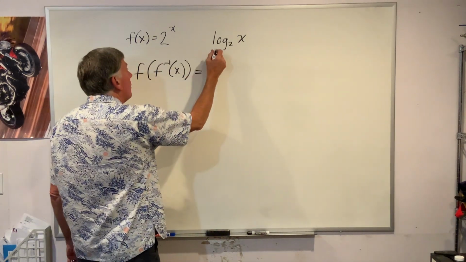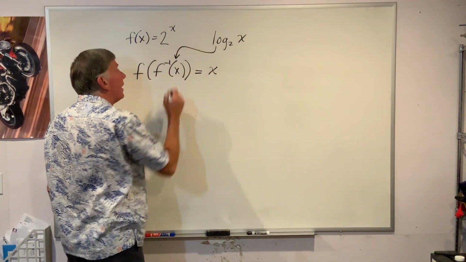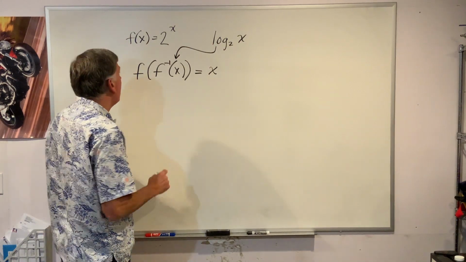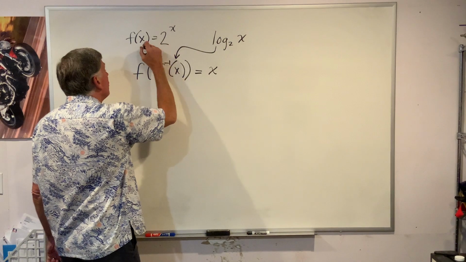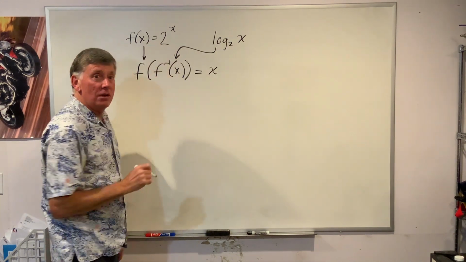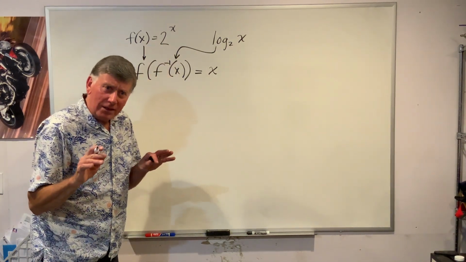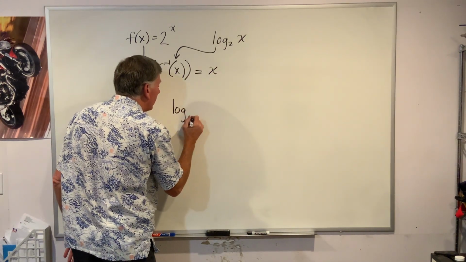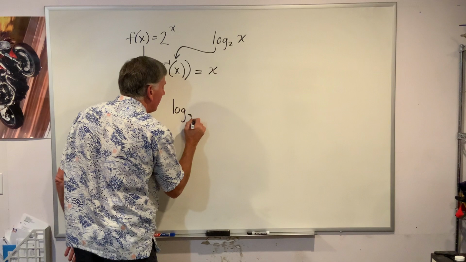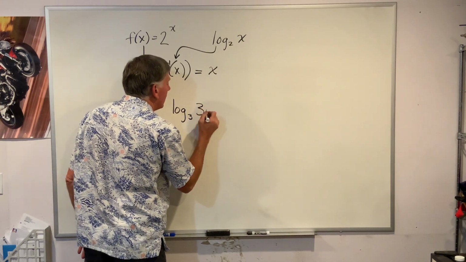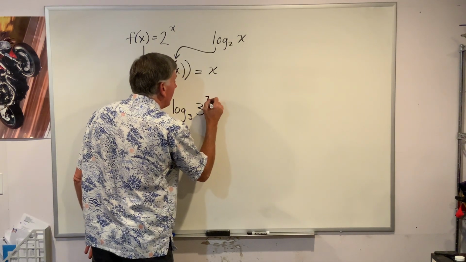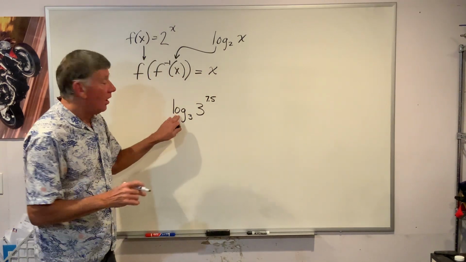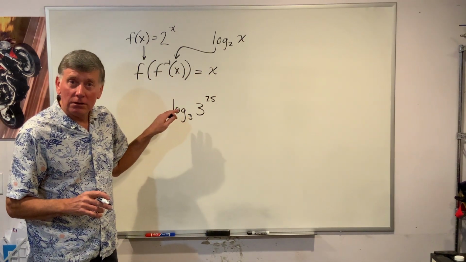Well, here is my inverse function right here, the log of that base, and here is my function f. So when you see something that looks awfully complicated, like log base 3 of 3 to the 7.5 power, and you think, oh, logs, I need to be frightened.